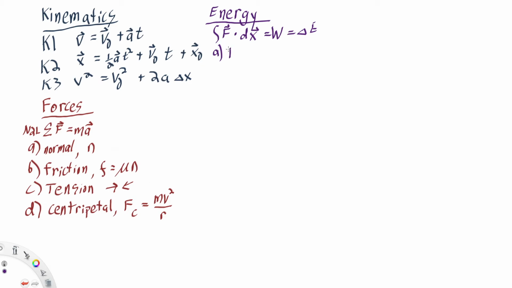We have, of course, kinetic energy. We have gravitational potential energy near the surface of the Earth. We have spring potential energy, which is the energy stored in a compressed spring. We have rotational energy.